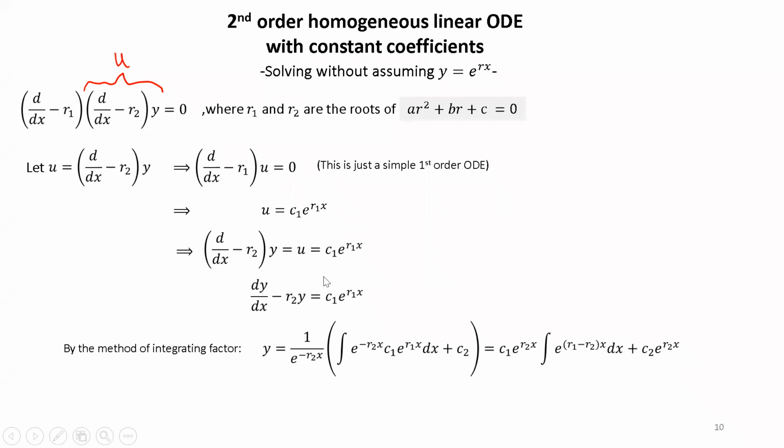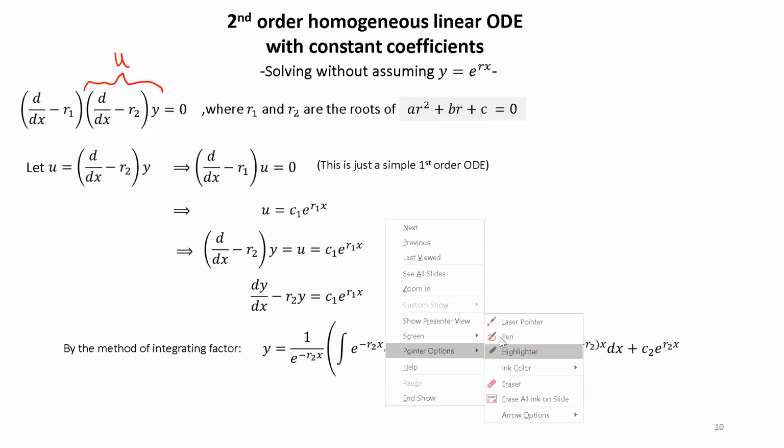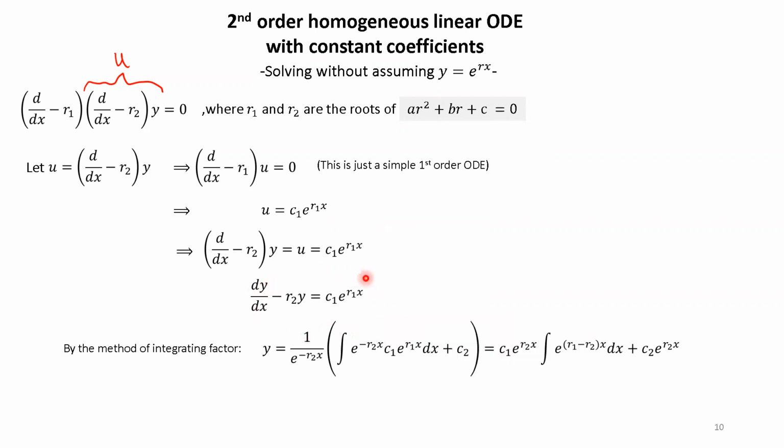So instead of solving this second order ODE all at once, we basically break it down into two steps. In each step, we solve a first order ODE. That's what's happening here. The ODE that we need to solve is this one, and from the form, you see that you can use an integrating factor.